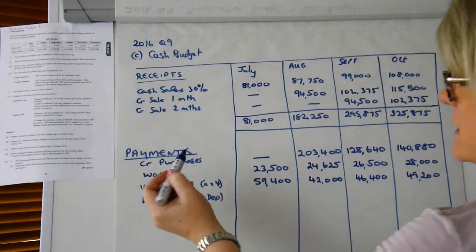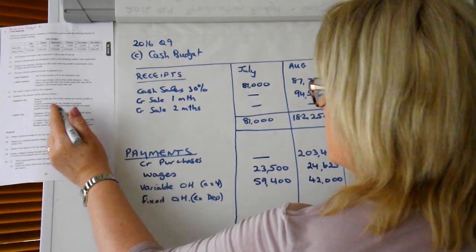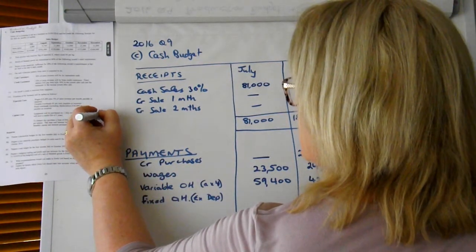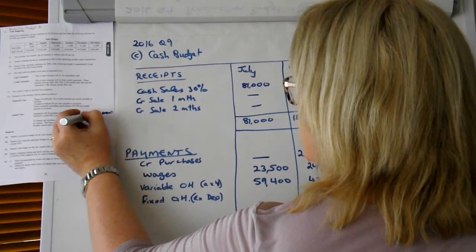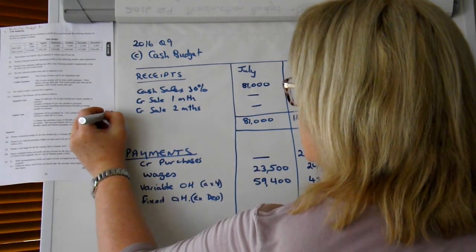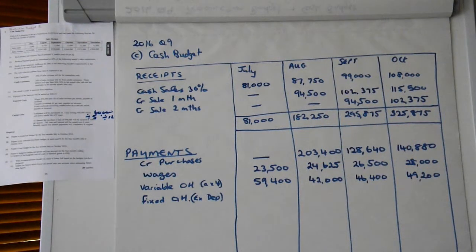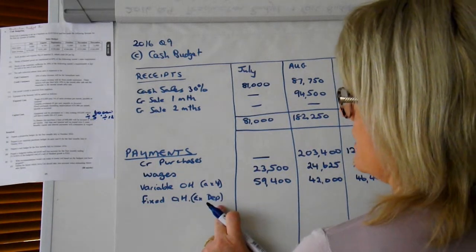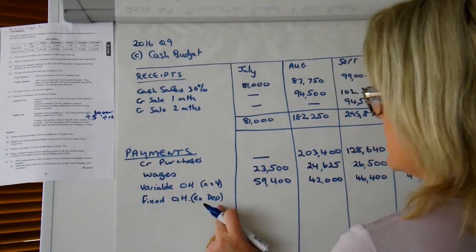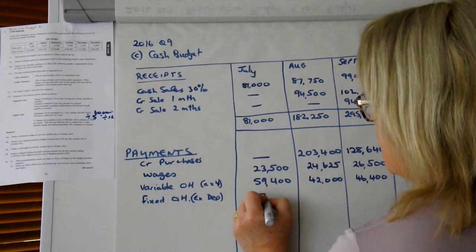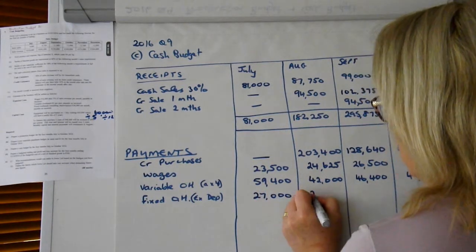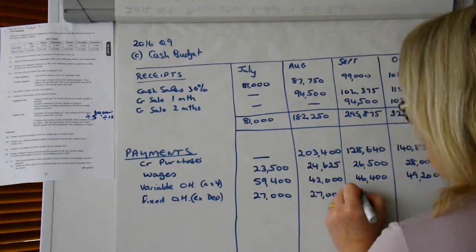So if we take 60,000 divided by 5, and divide by 12 to get a monthly depreciation figure, we'll see that depreciation is actually €1,000 per month. So therefore my fixed overheads are 28,000 minus 1,000, or 27,000 per month. And that figure then doesn't change.